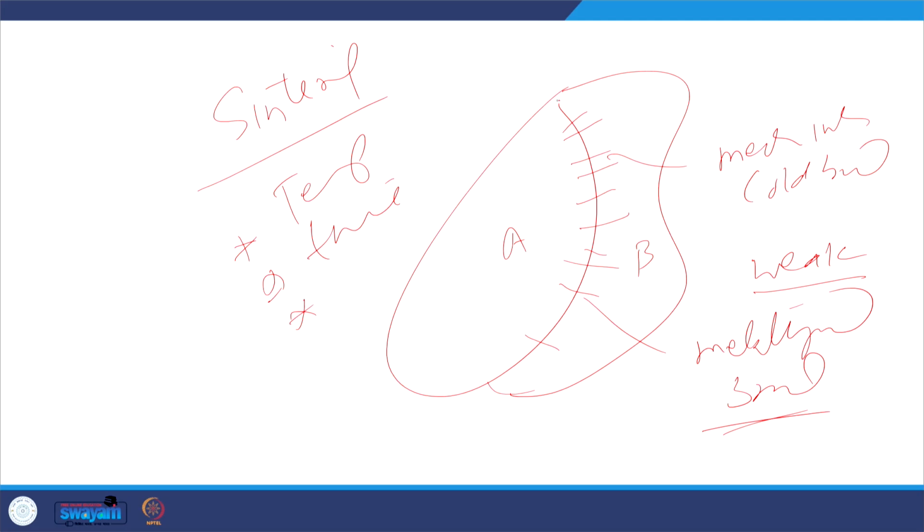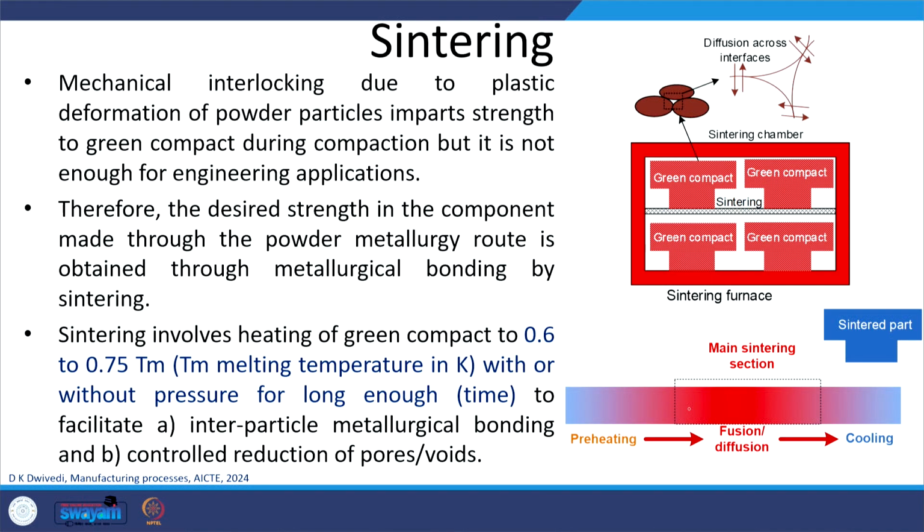To have a clean interface and direct material to material contact between the particles, the environment also plays an important role, so we try to have a reducing or vacuum environment. When high temperature is maintained for a long time, diffusion across the interface facilitates the metallurgical bond development. Now we will see the things in greater detail.